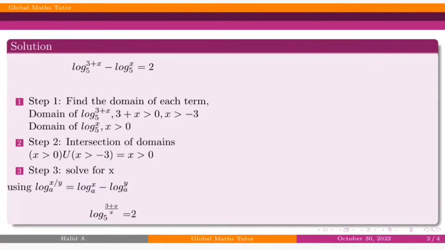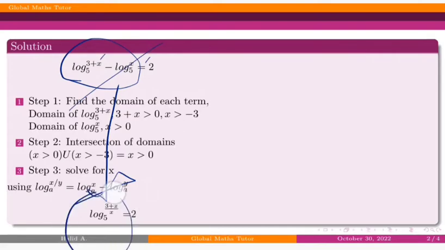That means the left hand side can be written in compacted form as logarithm of 3 plus x over x to the base 5 equal to 2.